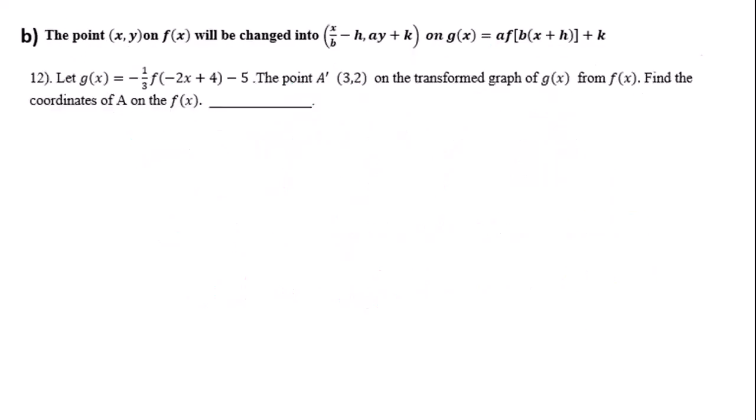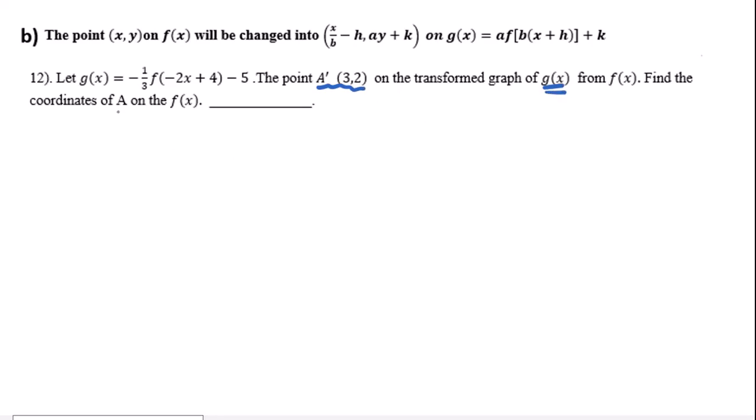For number 12, let g of x equals negative 1 over 3 f of negative 2x plus 4 minus 5. The point A prime (3, 2) on the transformed graph of g of x from f of x.